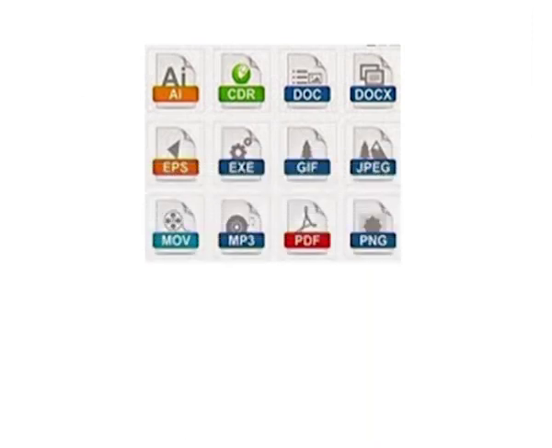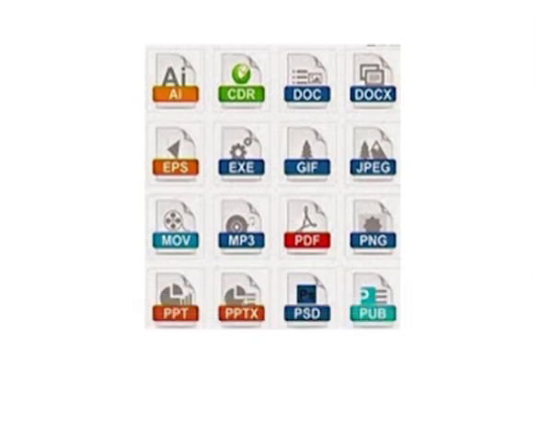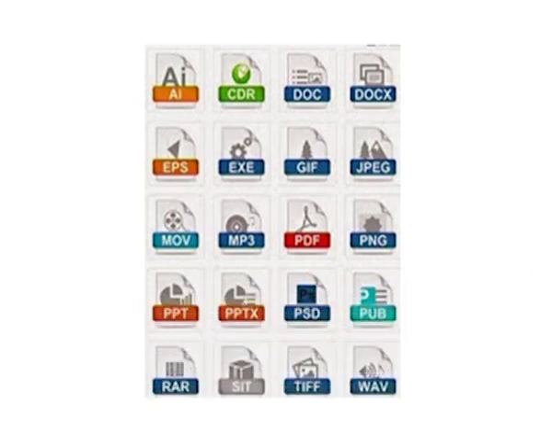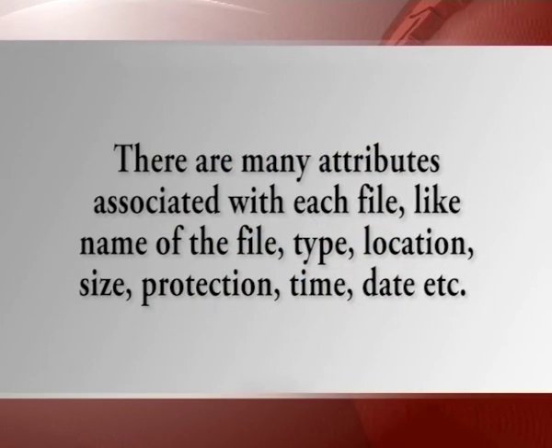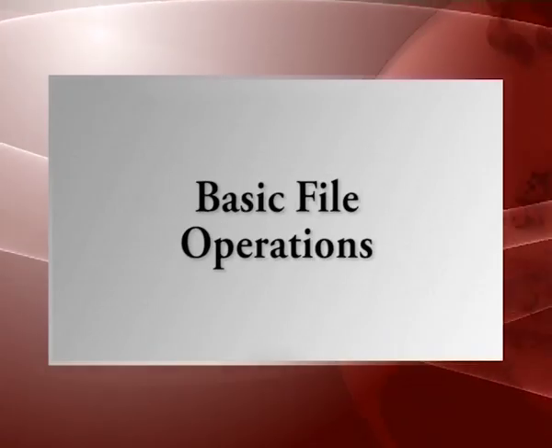There are many types of files like text file, source file, executable file, object file, etc. As shown in the figure, your computer may have many types of files like doc, exe, PDF files, C, CPP, Java, PPT, TIFF, JPEG, etc. There are many attributes associated with each file like name of the file, type, location, size, protection, time, date, etc.